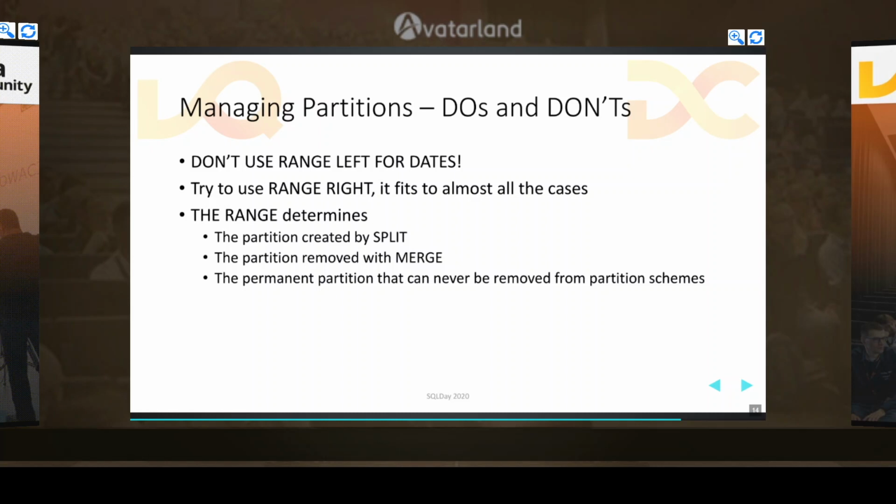And the permanent partition, which can never be removed, is a partition which stays in different places on range right and left. So consider that range left is very difficult to maintain. It potentially could perform a lot of IO operations.